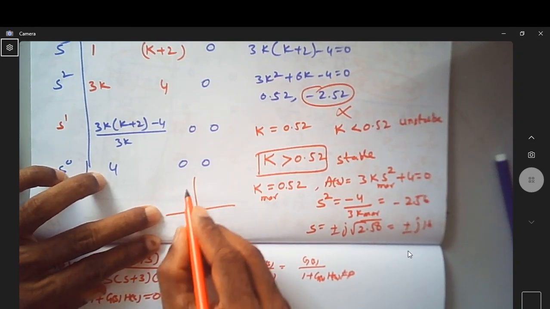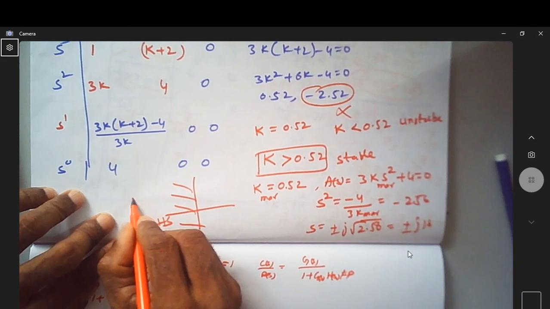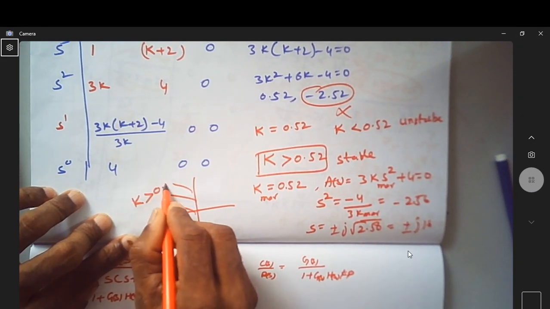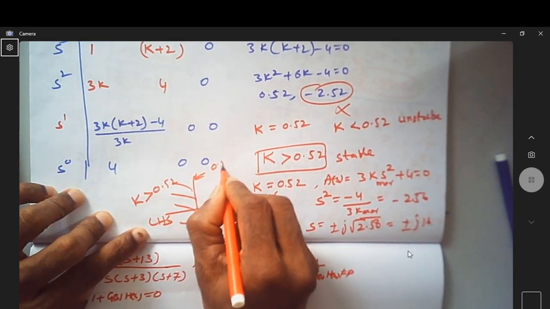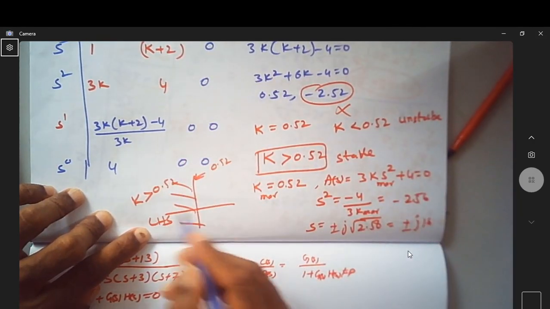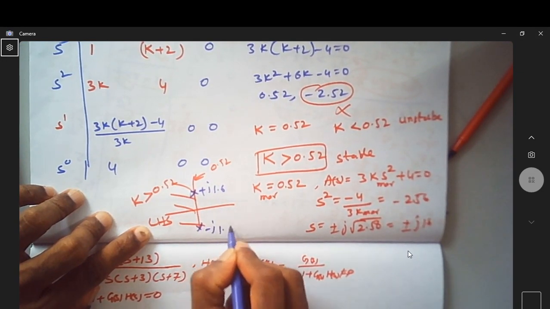That means the poles will be on the left hand side if k is greater than 0.52. If it is equal to 0.52, where are the poles? Poles are at plus j 1.6 and minus j 1.6.